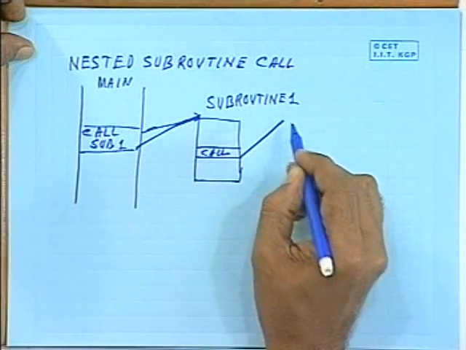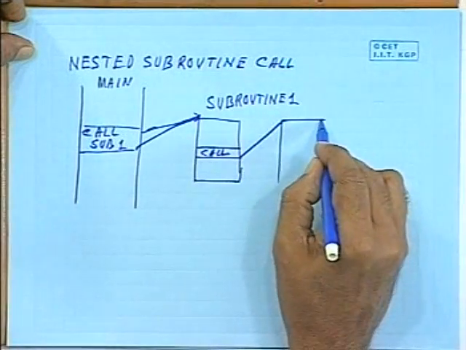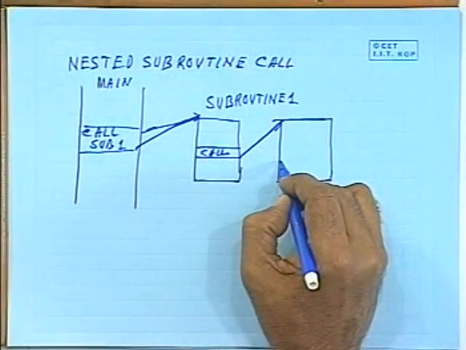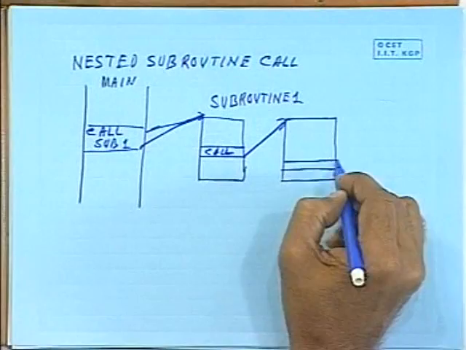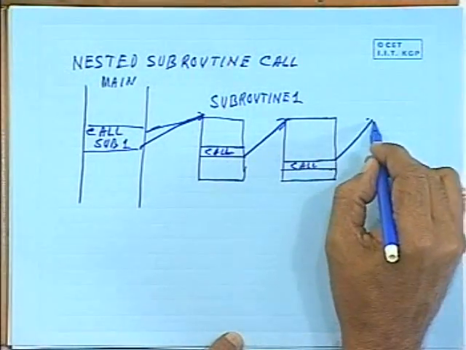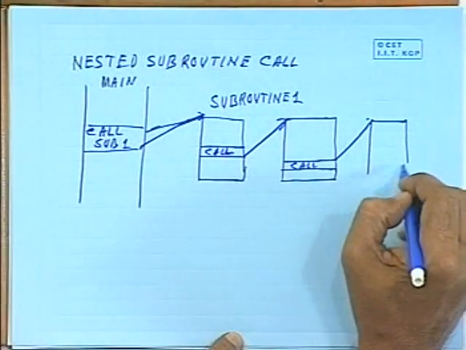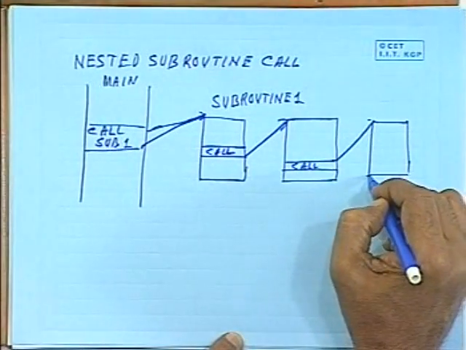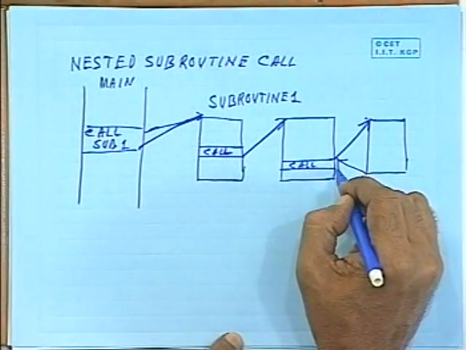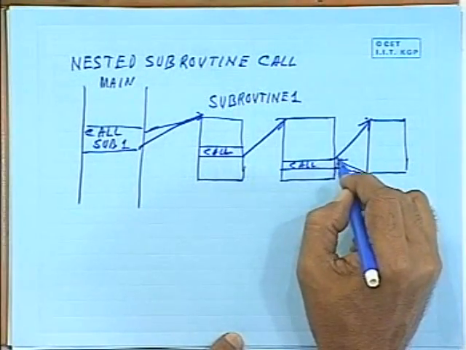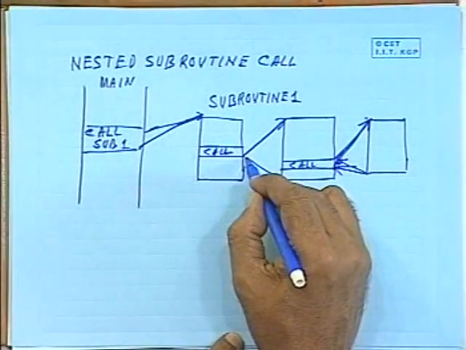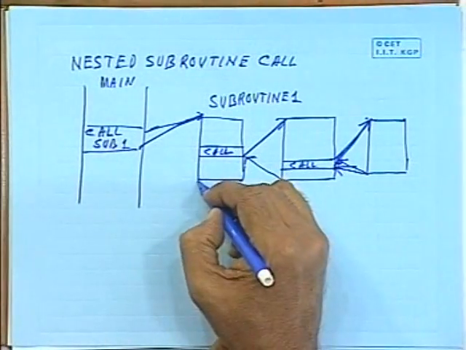So it will jump to another subroutine, and it may so happen that here there is another call, and it will jump to another subroutine, and maybe this one is allowed to complete, then you will return in this manner, then it will return to this point, then it will be executed and return to this point, then it will be executed, return to this point.